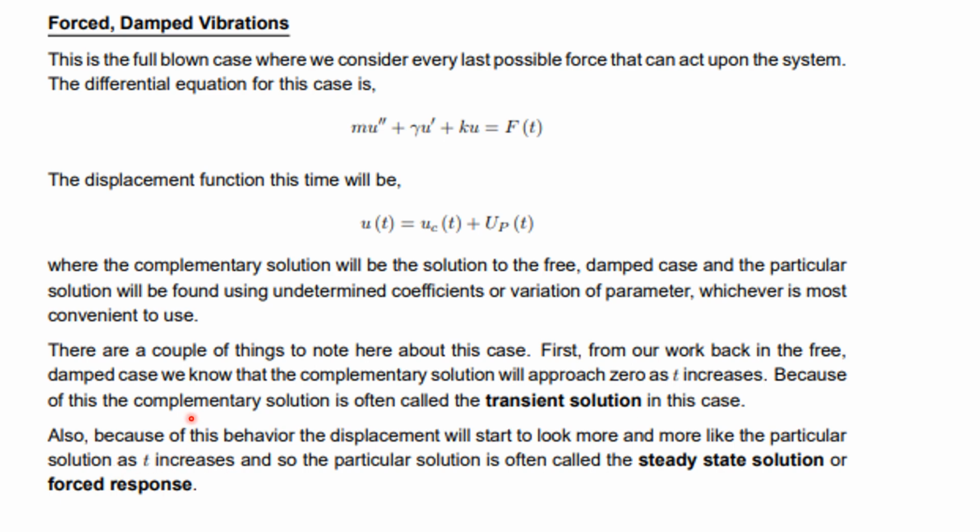Because of this, the complementary solution is often called the transient solution in this case. But also, because of the behavior, the displacement will start to look more and more like the particular solution as t increases. And so the particular solution is also often called the steady state solution or forced response.